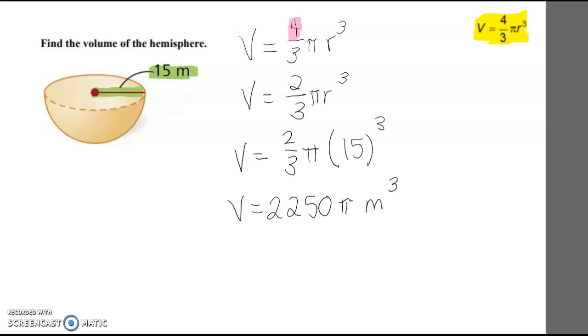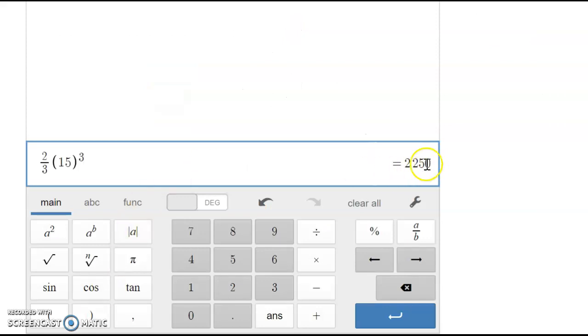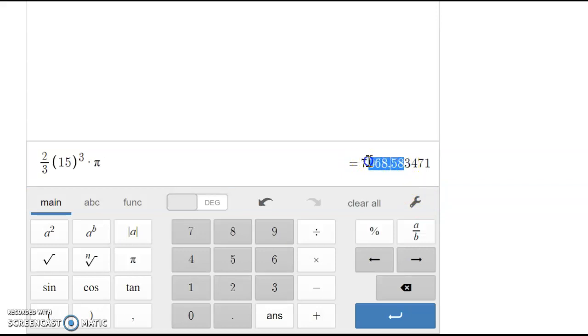It didn't specify, but we can change this to a rounded decimal by just multiplying our 2,250 by pi. So we're just going to take that value and multiply it by pi. And we get 7,068.58, which will round up to 7,068.6.